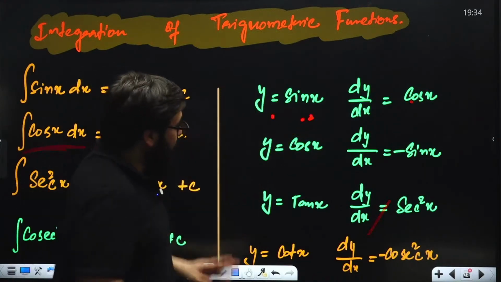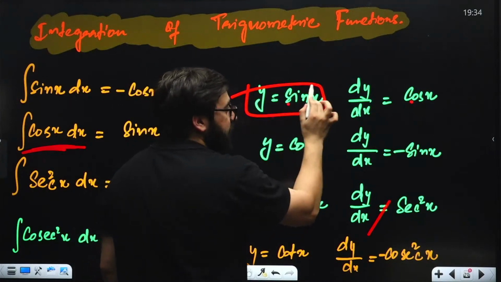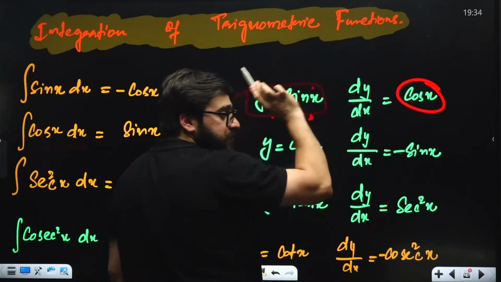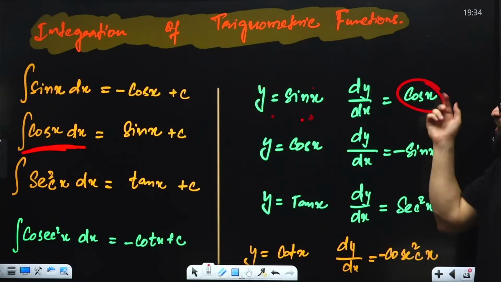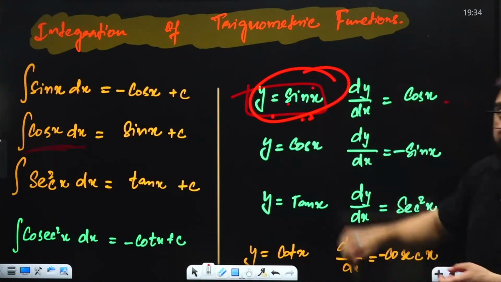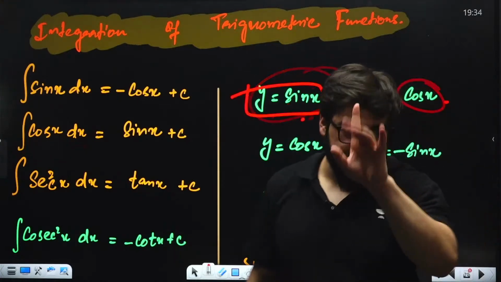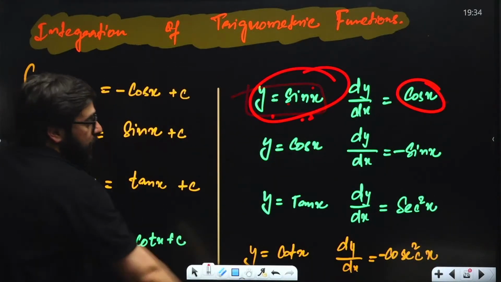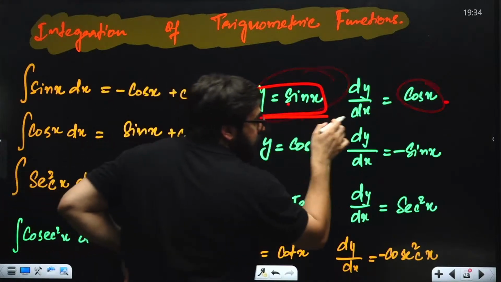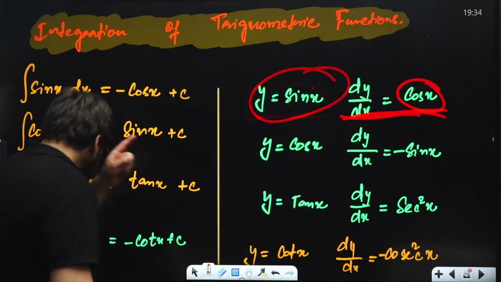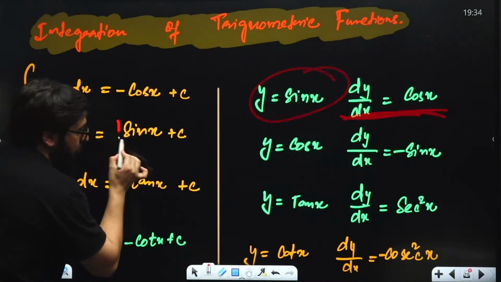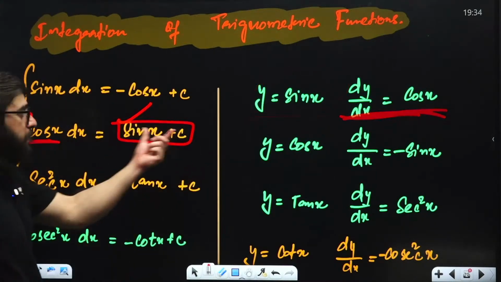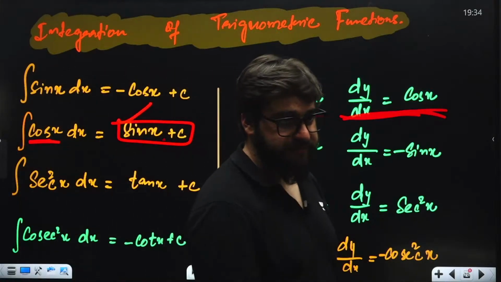If y is equal to sin x, its differentiation is cos x. Now, if you integrate this cos x, you should get back this sin x. Yes, 110%. Now if you integrate cos x, it will come out to be sin x back plus c, the constant.